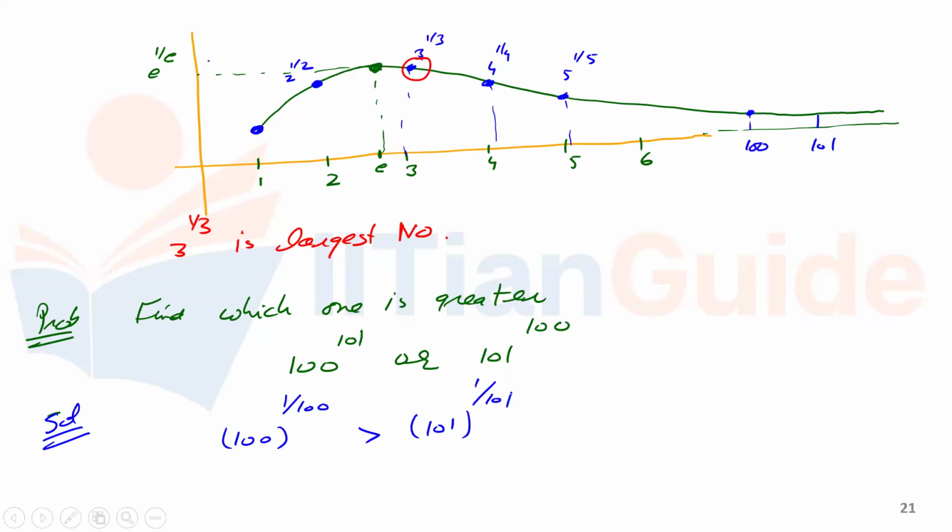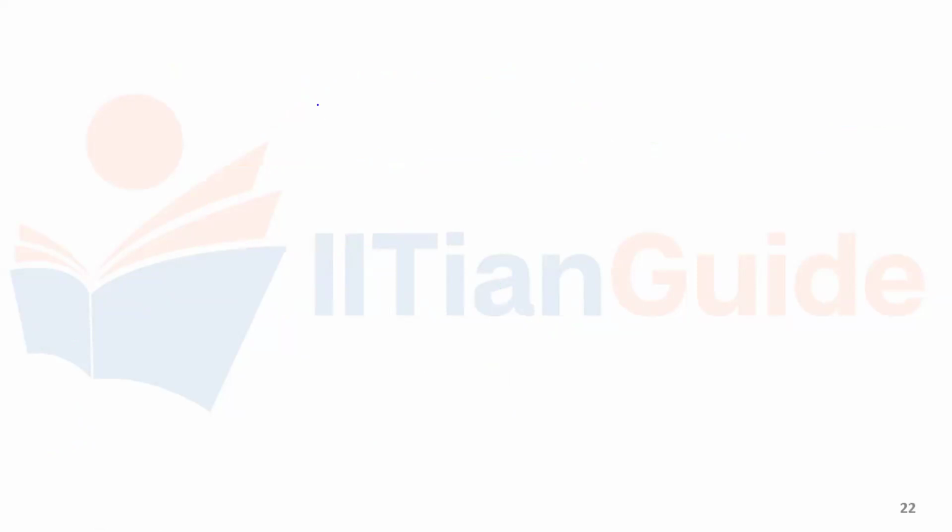I will do the same thing that we had done in e power pi and pi power e. Okay, just move to the next slide. I'm showing you 100 power 1/100 is greater than 101 power 1 upon 101.